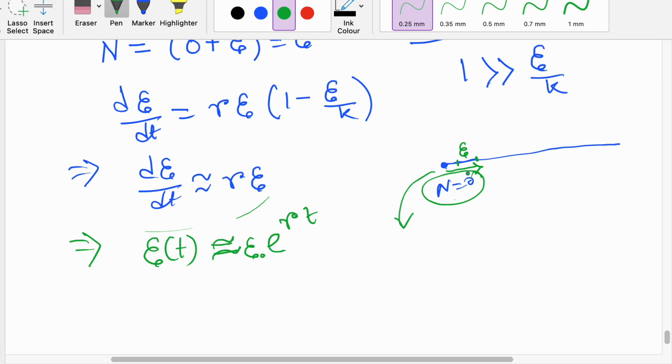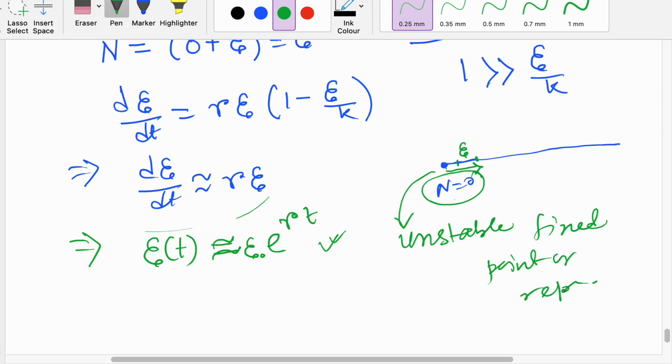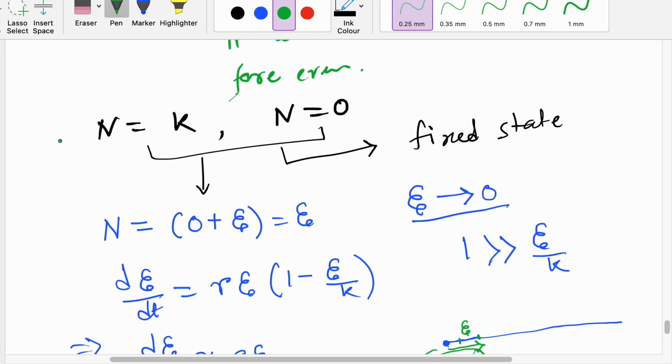So whenever the state gets close to N equal to 0, N equal to 0 will repulse and the population will increase exponentially. That is why it is called the unstable fixed point, or repelling fixed point. Now let's see, is it the same case with N equal to K?